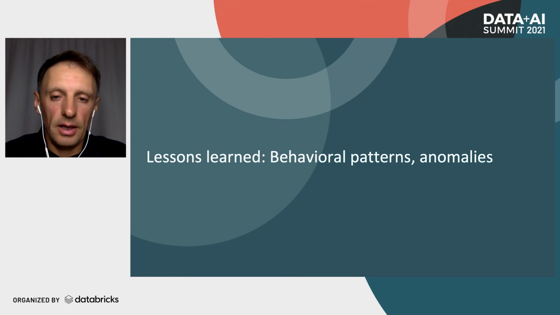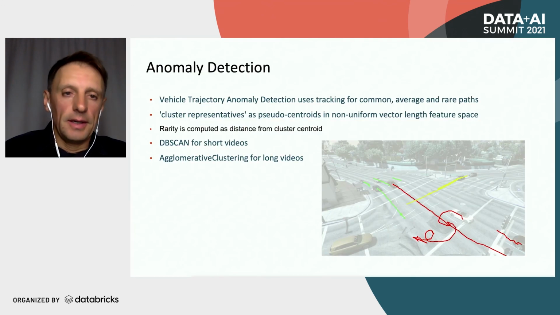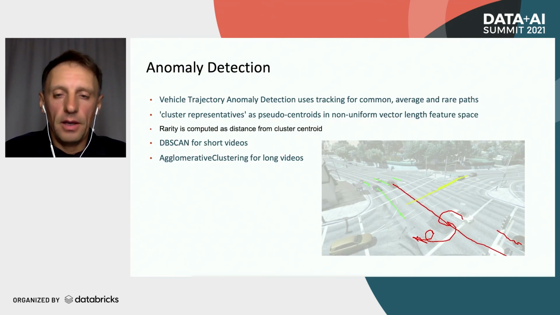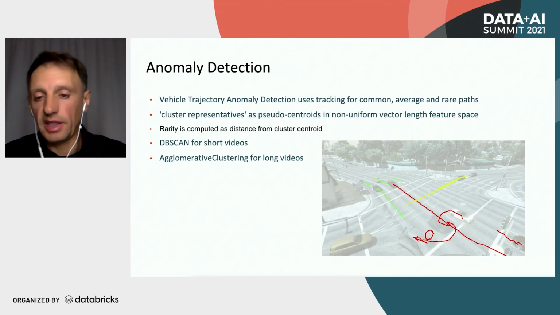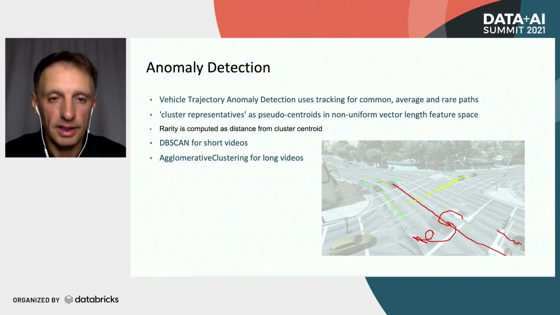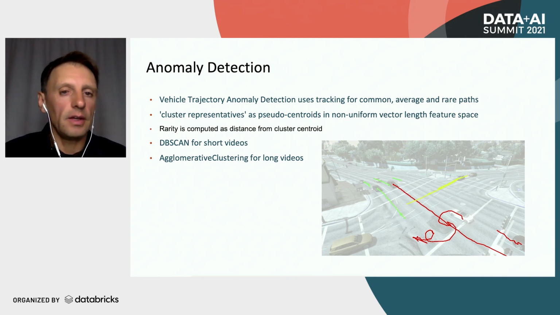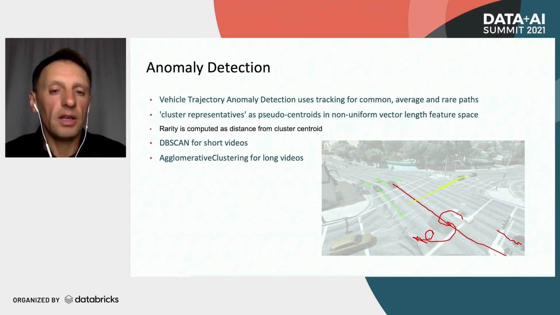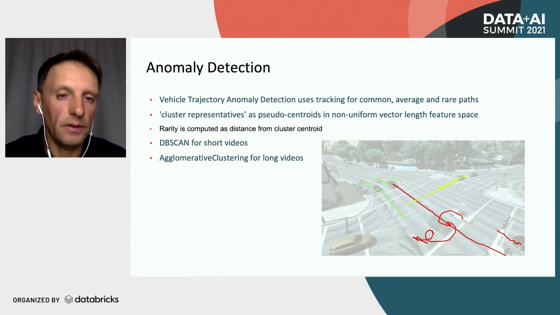Lesson learned with the behaviors and the behavioral patterns and the anomalies. The anomaly for that intersection 4 video is the donut performed by that driver. So that's detected as an anomaly because it's obviously not something you would want to see in traffic. We're using clustering here, and the cluster representatives are pseudo-centroids in non-uniform vector length feature space.